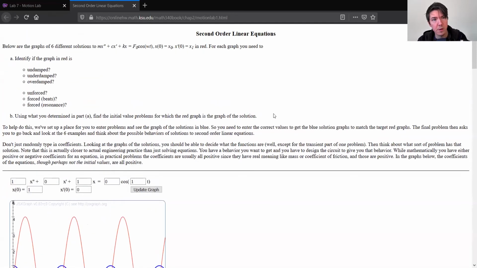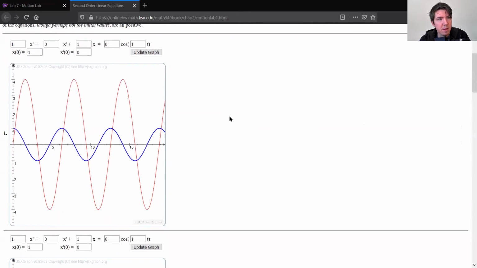Now, what we want to do with these 6 graphs, and let me say something about these graphs quick. Let me get the annotation to help highlight as I'm talking. What we have here is a spring mass system.